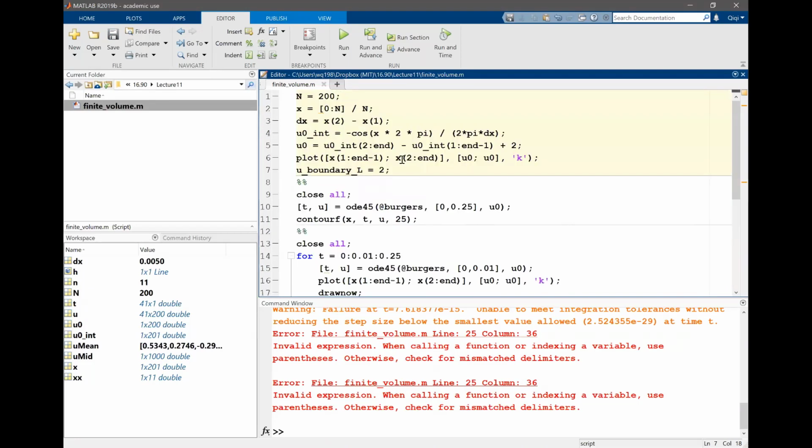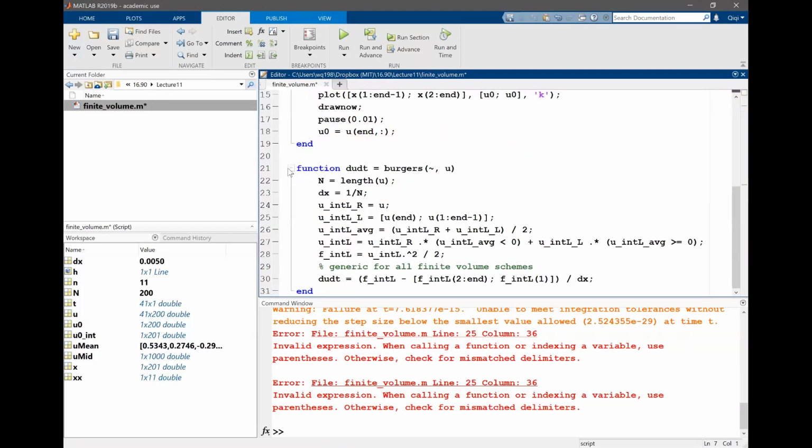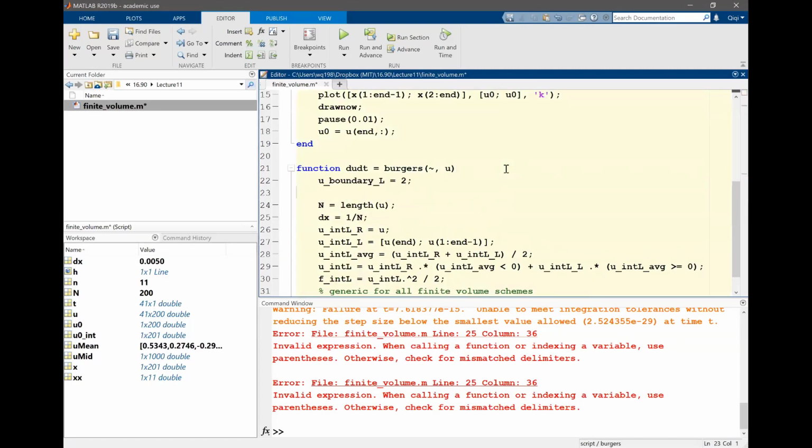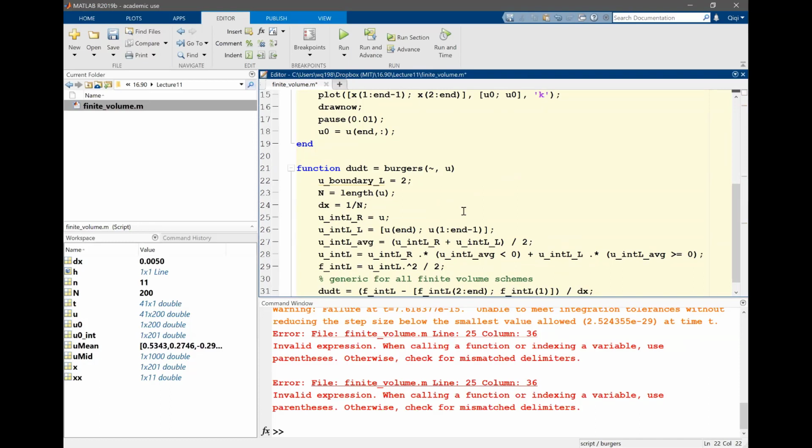Okay, actually, I think I want to specify the boundary condition in this Burgers code. All right. So in this case, when I look at an interface on the left of the domain, the U that lies to the right of the interface is still U, but instead of having the U end that lies on the left of the first interface, I would have U boundary L that would lie on the left of the first interface. Agreed?